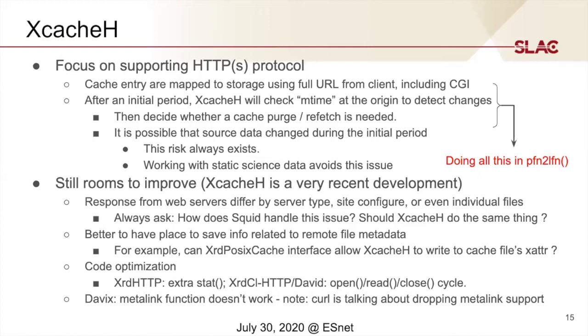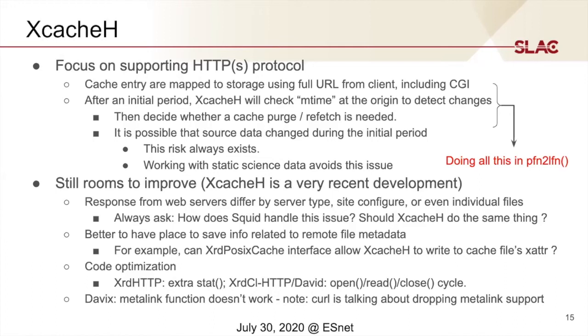One thing is that we map the storage to the full URL. The full URL includes the client protocol the client used, the hostname, the remote data hostname, port number, file path, and CGI information. We use that to map the storage.